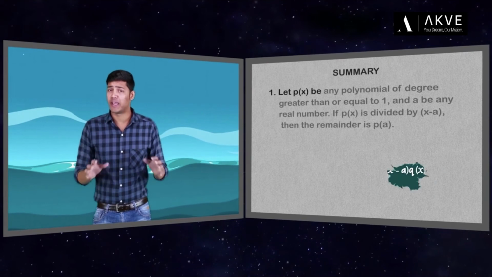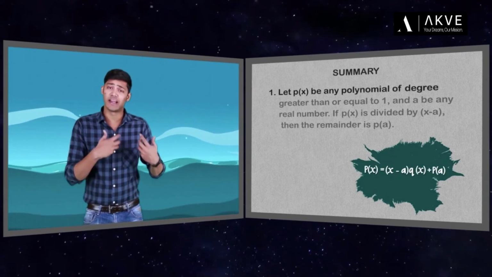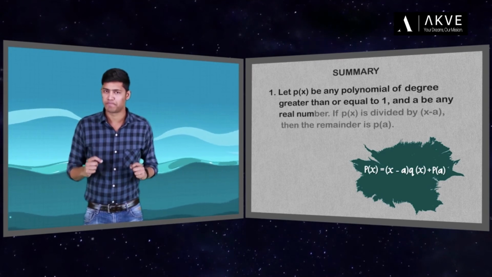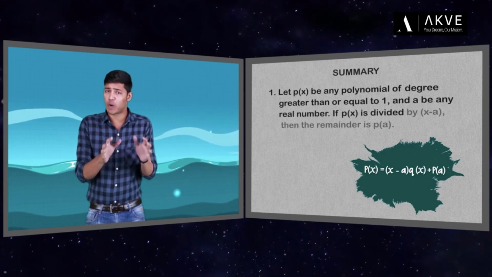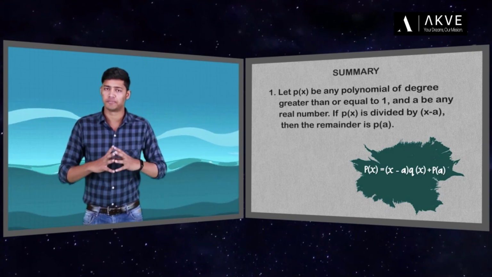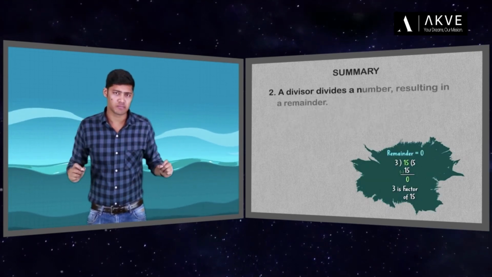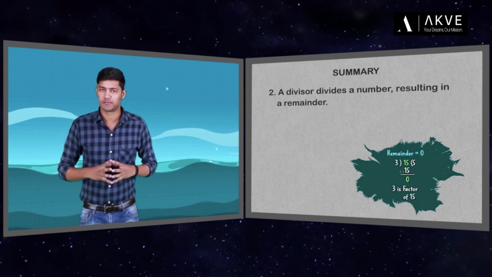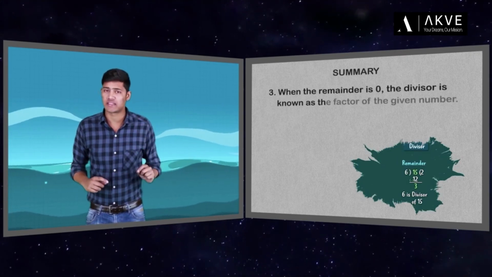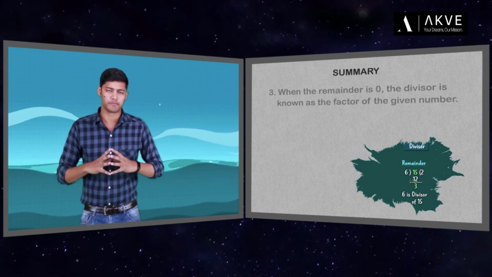Let p of x be any polynomial of degree greater than or equal to 1 and a be any real number. If p of x is divided by x minus a, then the remainder is p of a. A divisor divides a number resulting in a remainder. When the remainder is 0, the divisor is known as a factor of the given number.